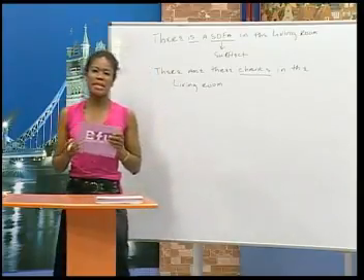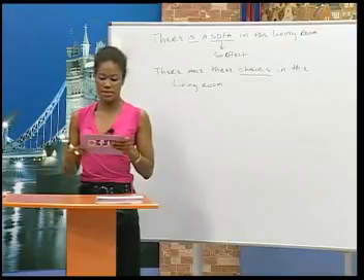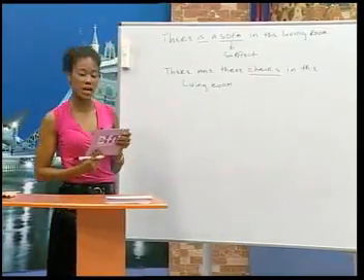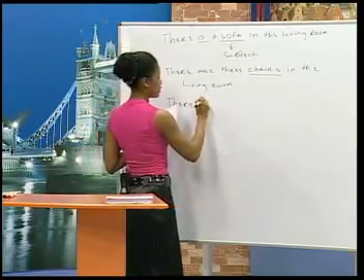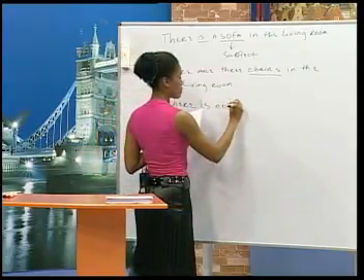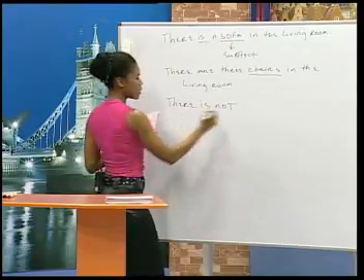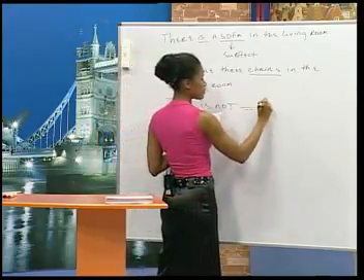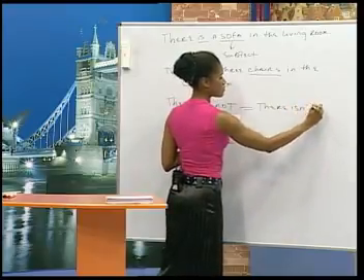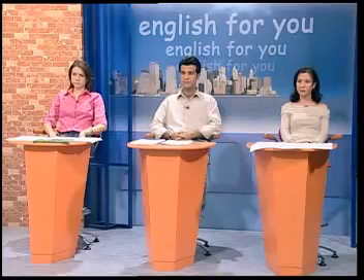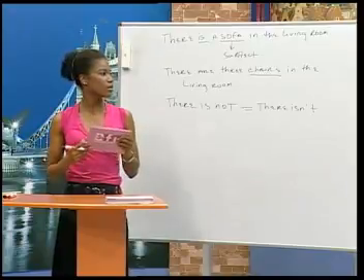All right, now the negative of there is: there is not. Okay, or, of course, short form, there isn't. Now look at your screen for an example. There isn't a map in the classroom.